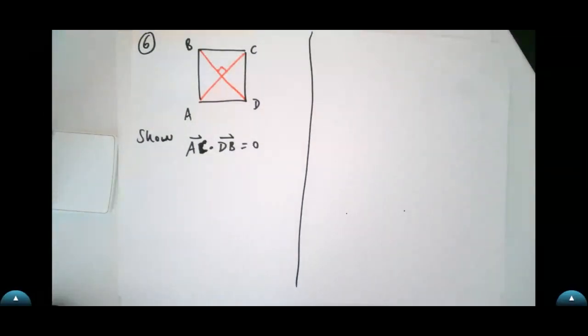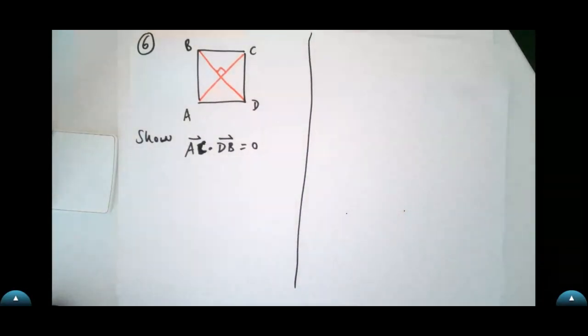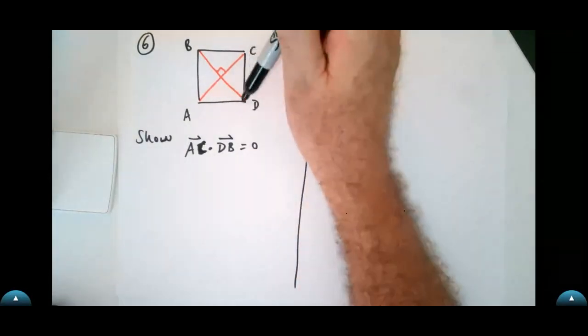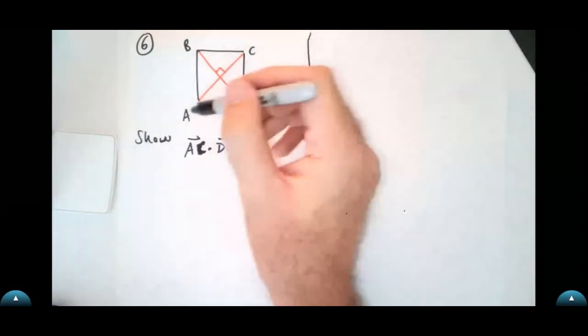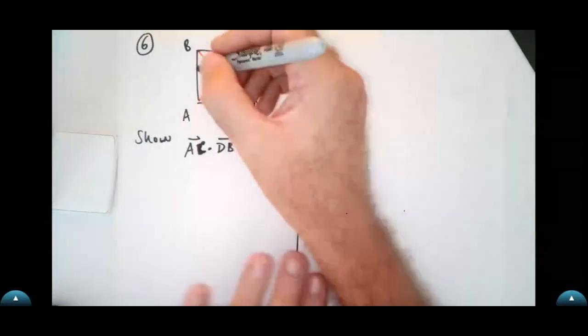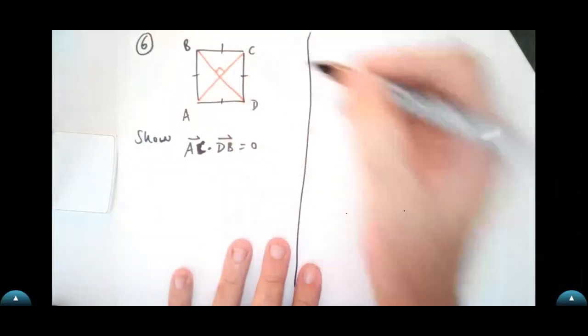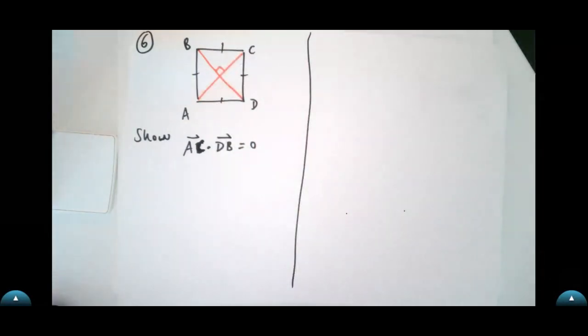Okay, so we're going to show that hopefully this dot product equals 0. You can do this a bunch of different ways. I'm going to look at the vector AC and the vector DB and try to express them in terms of the vectors forming the sides of this square, right? These little dashes just mean that the lengths are the same.